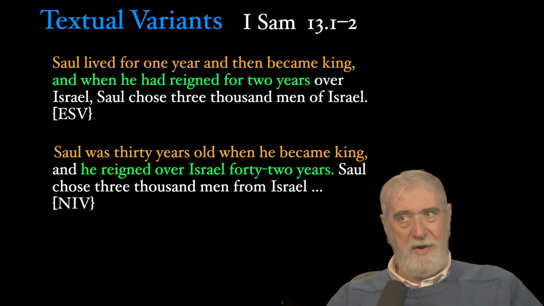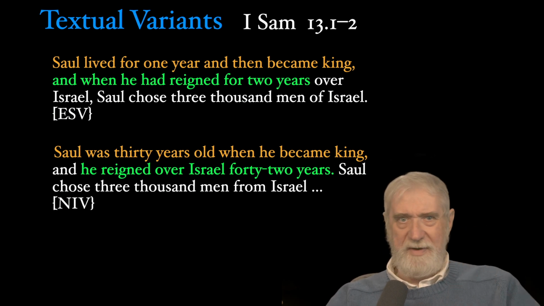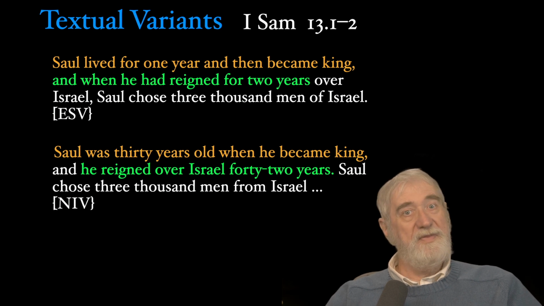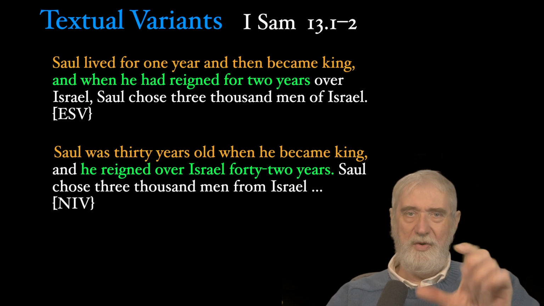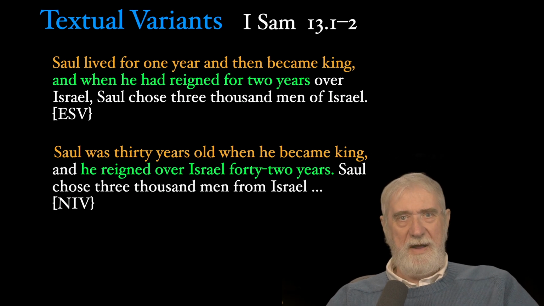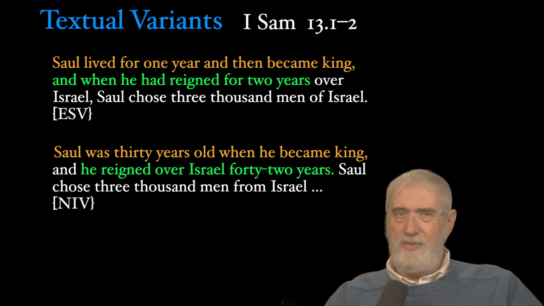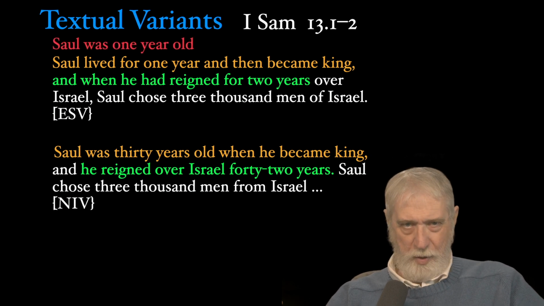Saul lived for 1 year and then became king. He reigned over Israel 42 years. So very, very different translations of this phrase. The problem is that if you look at the Hebrew underlying this, then the first phrase, Saul lived for 1 year, as the ESV translates it, really normally is the kind of phrase that in Hebrew means somebody was 1 year old.